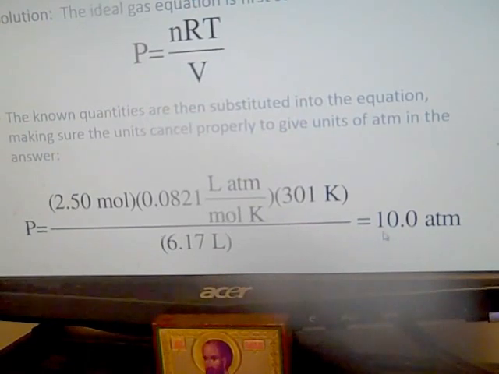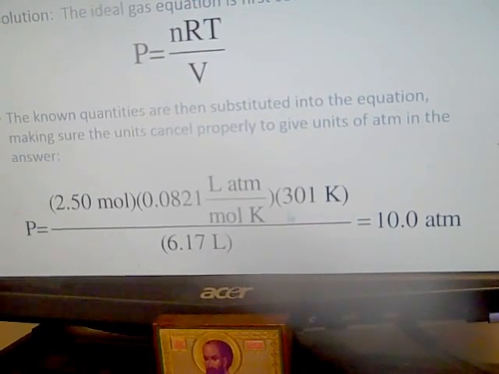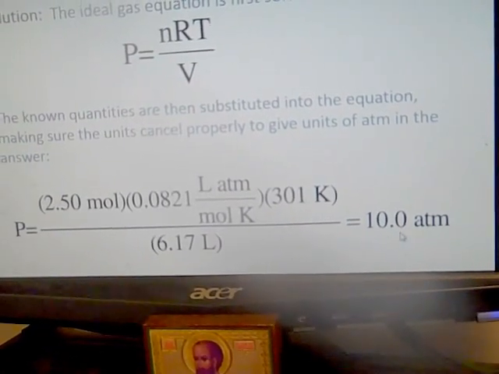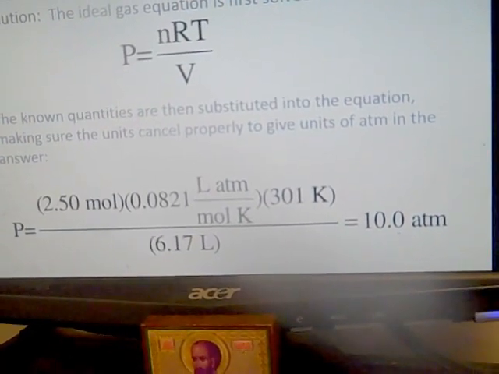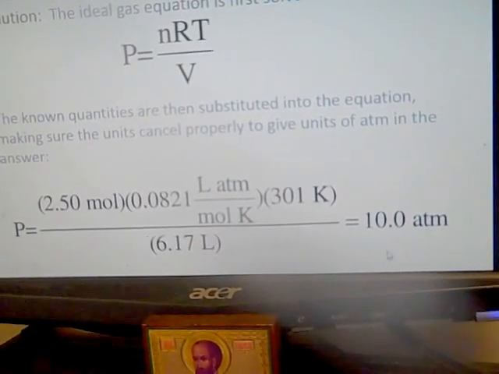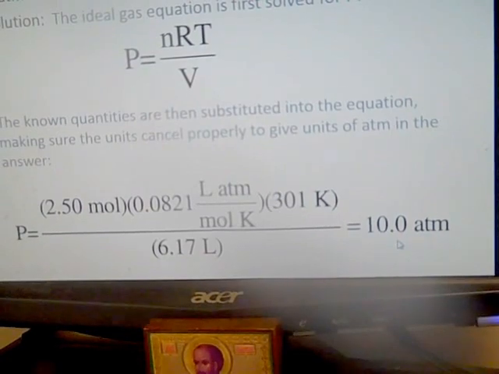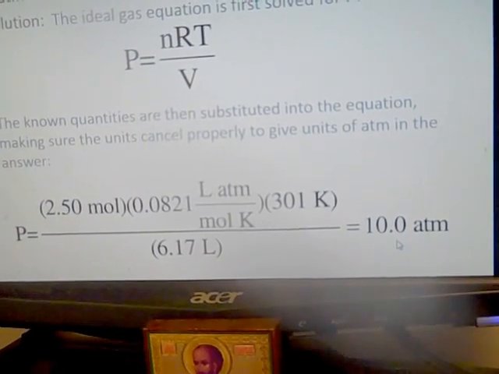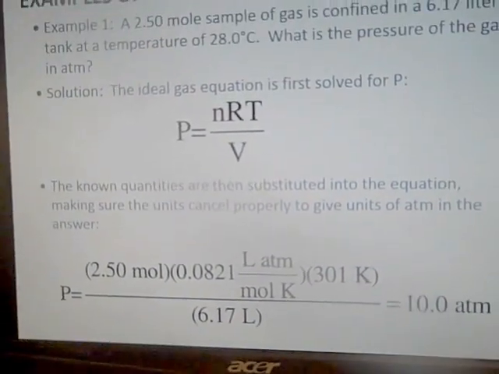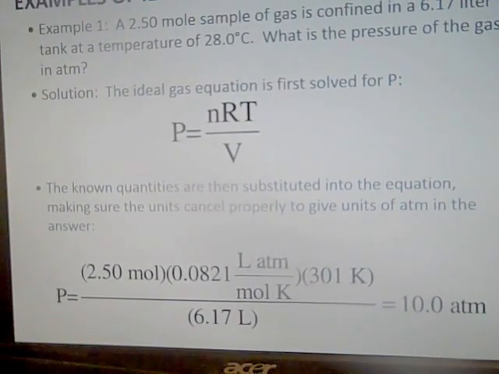If you solve this mathematically, you'll get 10.0 atmospheres. And so that's the answer to this question. What is the pressure of the gas? Answer, 10.0 atmospheres. So that's one useful solution you can get from using the ideal gas law.